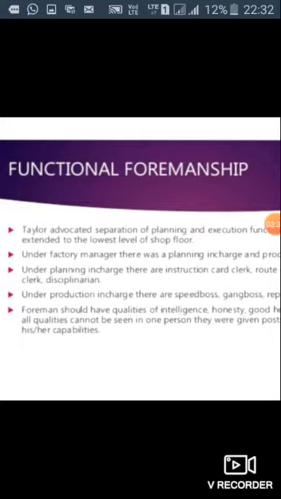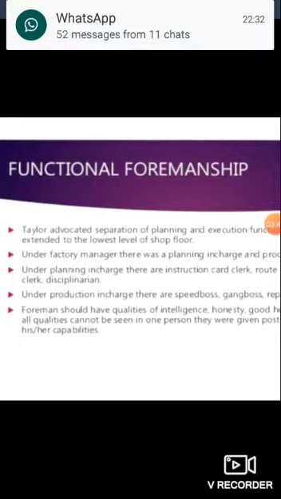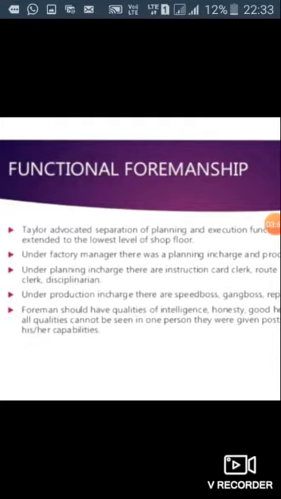And under the production in charge, gang boss, speed boss, repair boss, and inspectors. So, what is the concept here? He has used division of work. That is, managers are divided into two, planning in charge and production in charge. So these 8 specialists will be instructing only one, that is the worker.